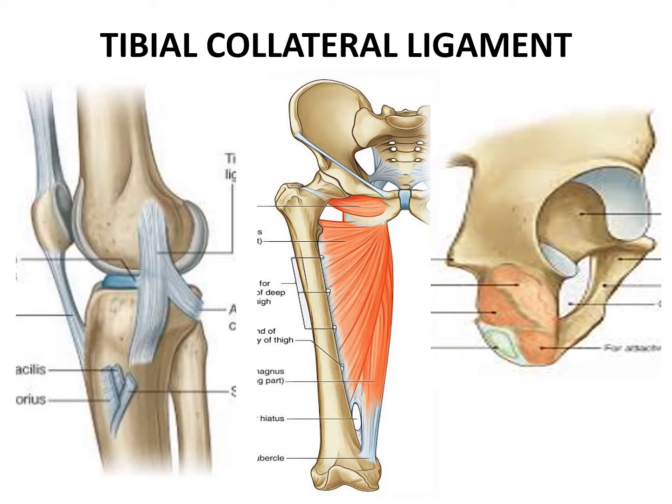This tibial collateral ligament is a morphological remnant of a muscle, and that muscle is called adductor magnus. As you all know, the adductor magnus muscle has two components: one is the ischial component and the other is the adductor component.